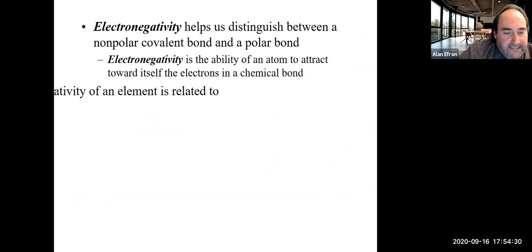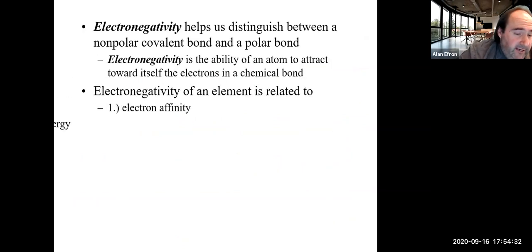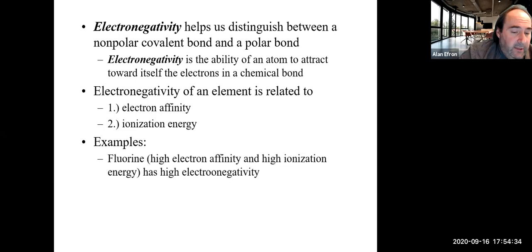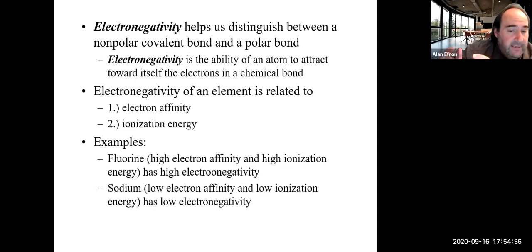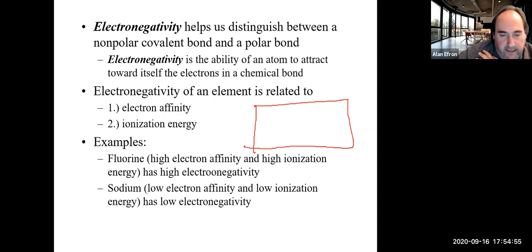So what helps us decide if we're going to be sharing equally or unequally? And it really is the electronegativity. And as I mentioned before, the electronegativity is the ability of an atom basically to bring electrons towards itself. The higher the electronegativity, the greater they want to bring electrons towards itself. And that's why when we look at the periodic table, that trend increases as we go this way and decreases down.